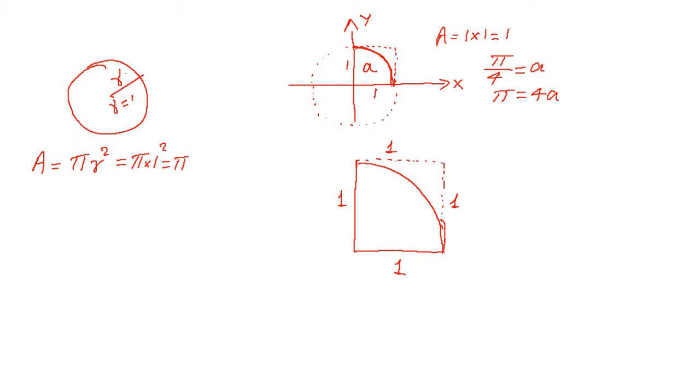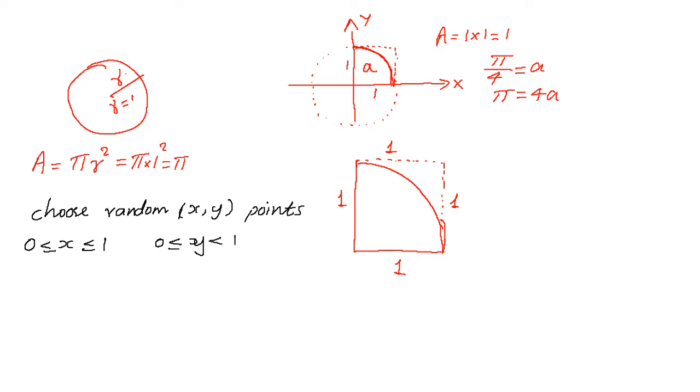So I choose random xy points where the value of x is in between 0 and 1 and the value of y is also in between 0 and 1. So we choose random numbers to represent xy pairs.